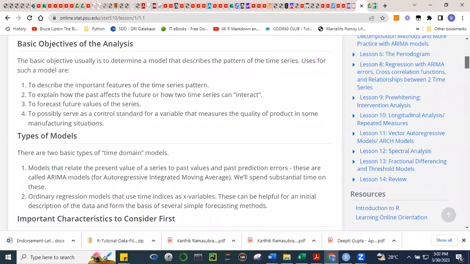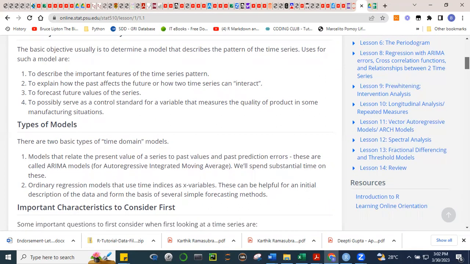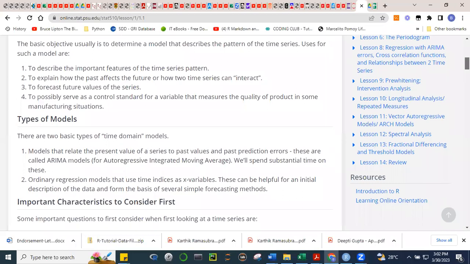All right. So what can we do with the time series analysis? Of course, aside from describing the time series pattern, taking a look at it, if there's a trend, if there's seasonality, if there's long run cycle, we can also forecast the values and predict what will be the values in the next few periods.